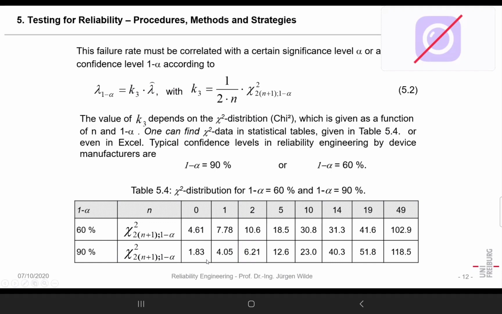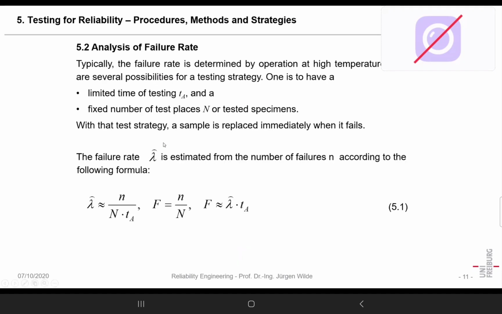What we can also have is we can even give a certain value of the failure rate with a certain confidence level if we had no failures, how can that be? Going in here, lambda is n divided by n times Ta. So here, lambda would be 0.